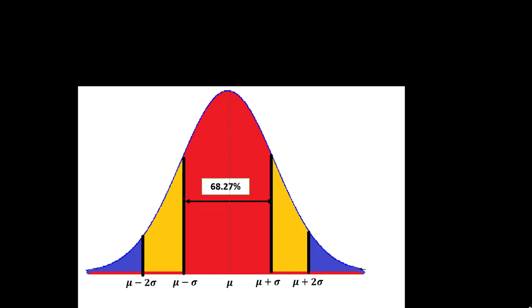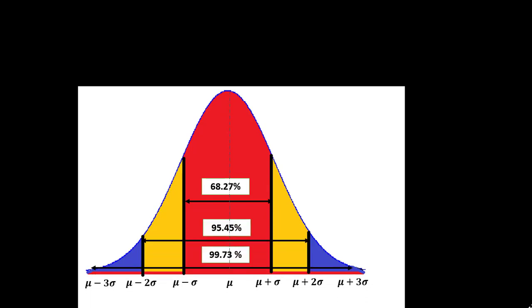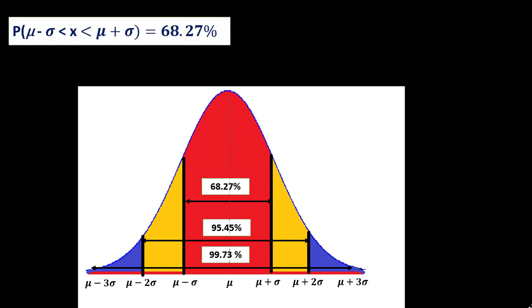When x lies between mu minus 2 sigma and mu plus 2 sigma, the area of the curve is 95.45%. And when the range of x is mu minus 3 sigma to mu plus 3 sigma, the area of the curve is 99.73%. So this is nothing but the associated probability of the random variable.